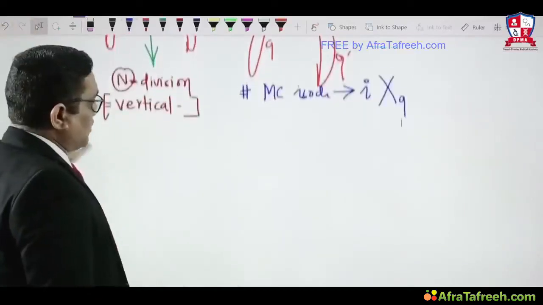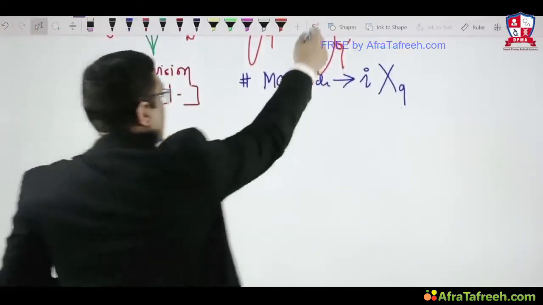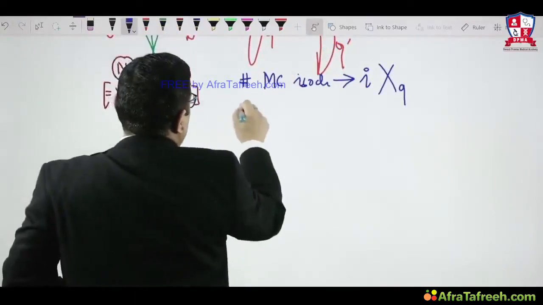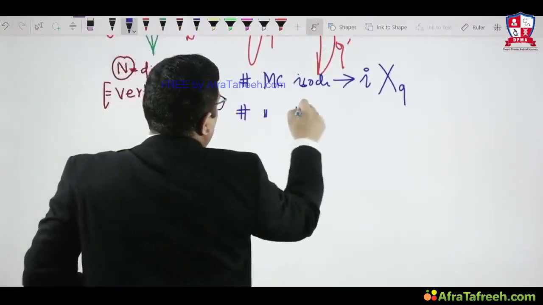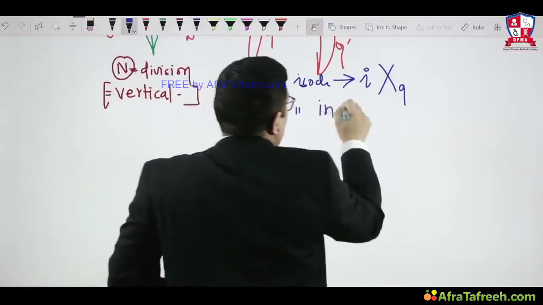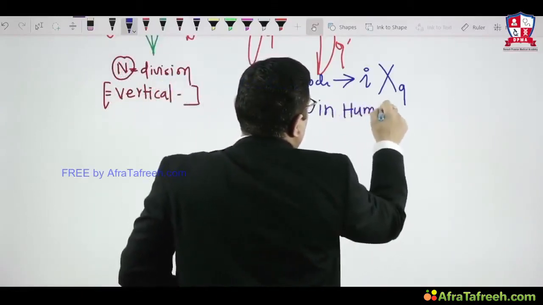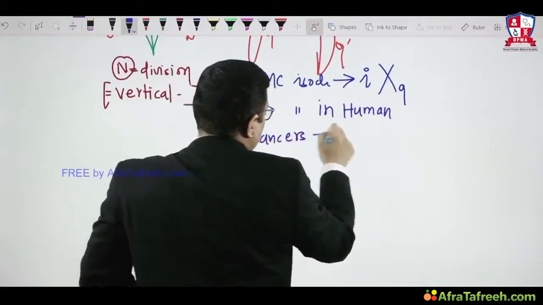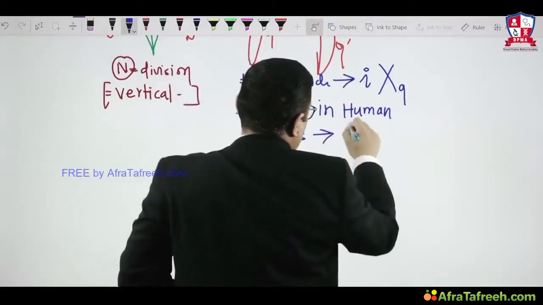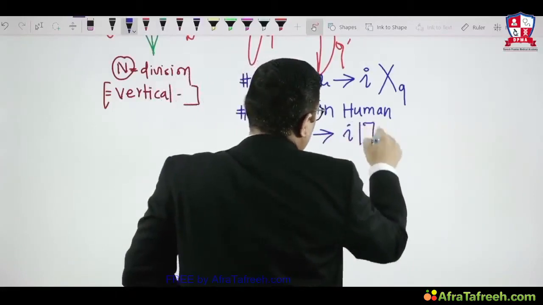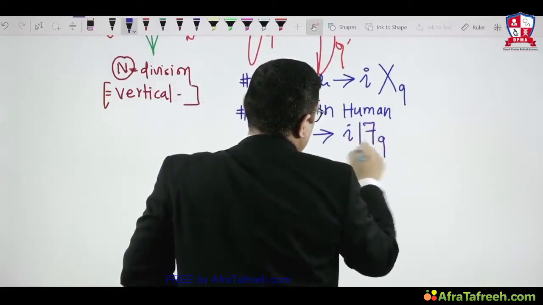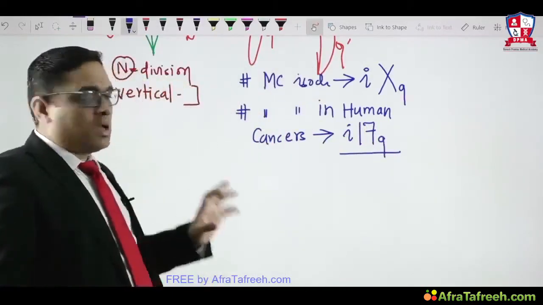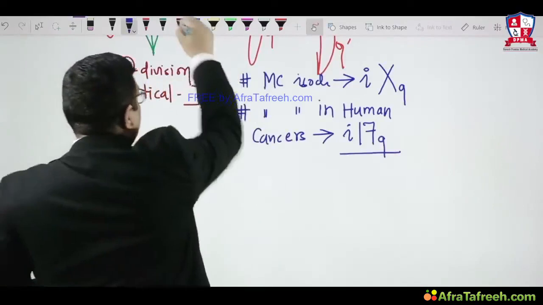What are the future questions the examiner can ask from here? The second thing: what is the most common isochromosome in human cancers? In human cancers, it is isochromosome 17q. Easy to remember. Why is it easy to remember?